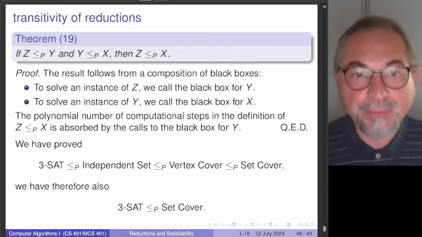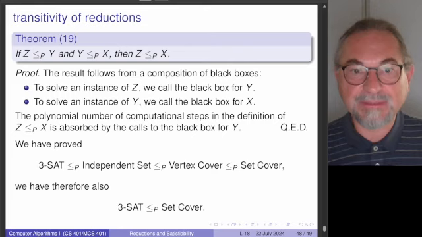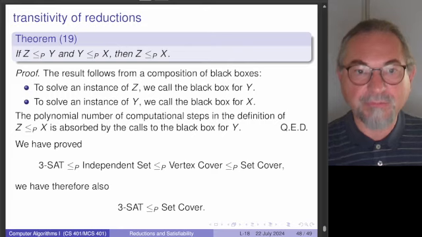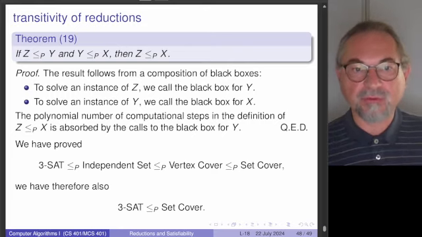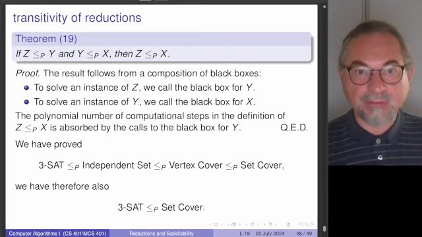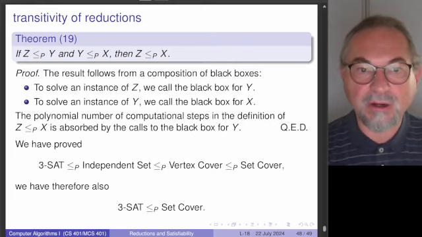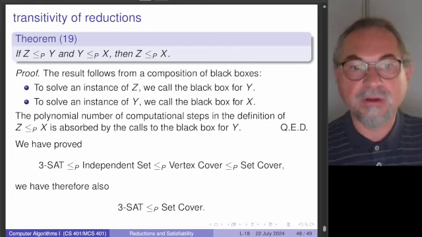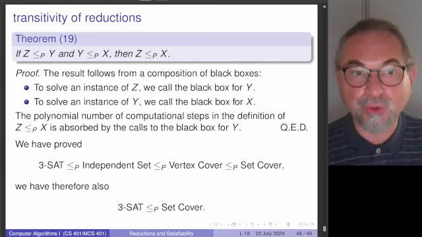So adding up a number of polynomial steps is again a polynomial step. Also, the number of polynomial steps to the black box solver adds again up to the same polynomial. So the composition of polynomial times is again a polynomial time.